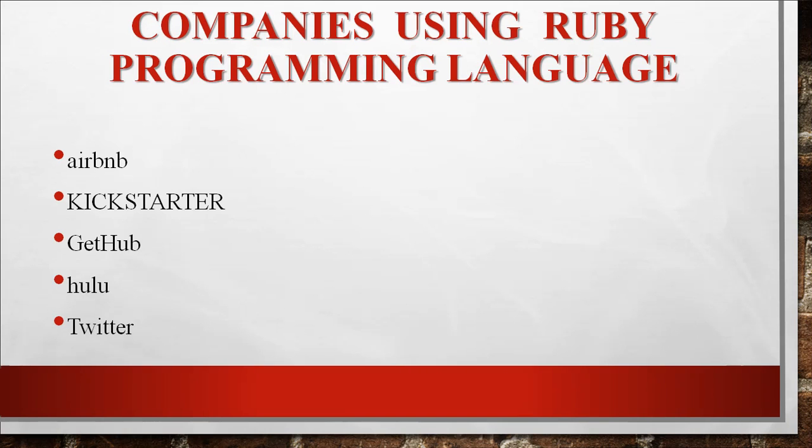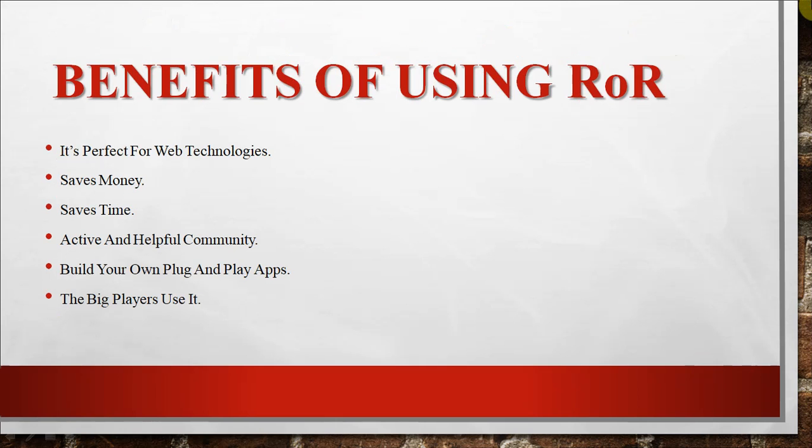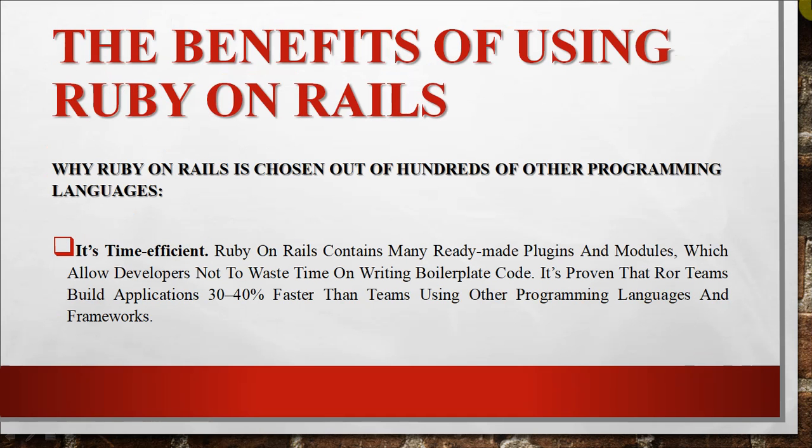So many more companies are using Ruby on Rails because it is cost effective and very easy to work on, and easily available on GitHub and other sites because it is open source. And nowadays it is building software 30 to 40% faster than other programming languages, so we can develop web software in Ruby on Rails.